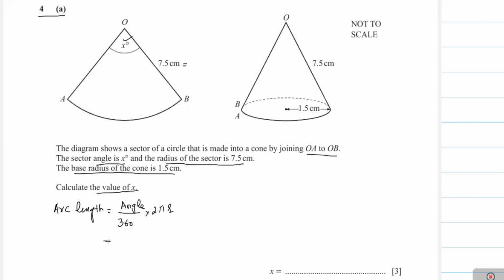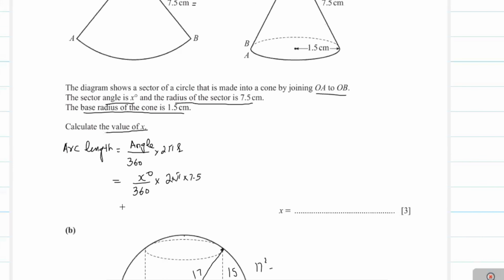Here the angle is x degrees, and r is 7.5, so we can write x over 360 multiplied by 15 pi. Simplifying, we can write it as pi x degrees over 24.